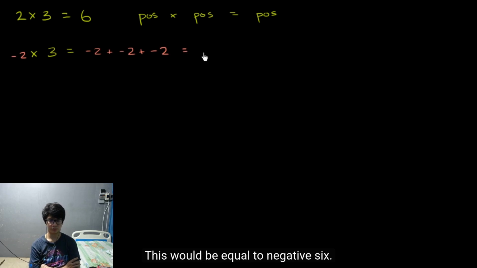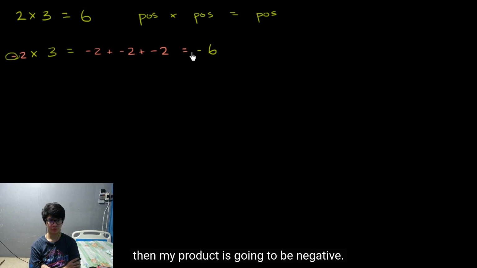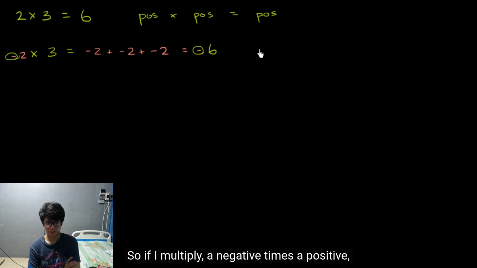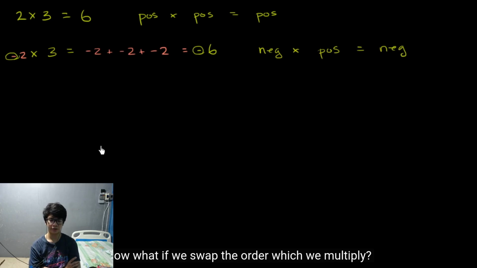So this would be equal to negative 6. Or another way to think about it is, if I had 2 times 3, I would get 6, but because one of these two numbers is negative, then my product is going to be negative. So if I multiply a negative times a positive, I am going to get a negative.